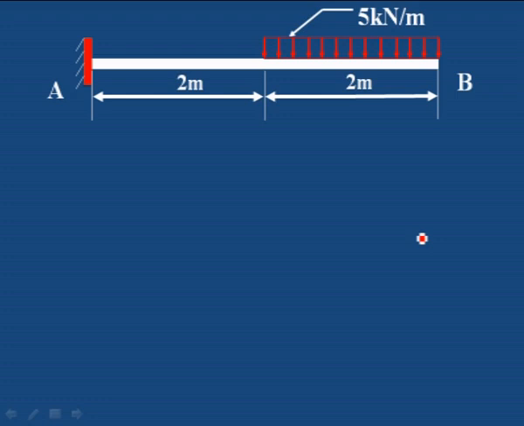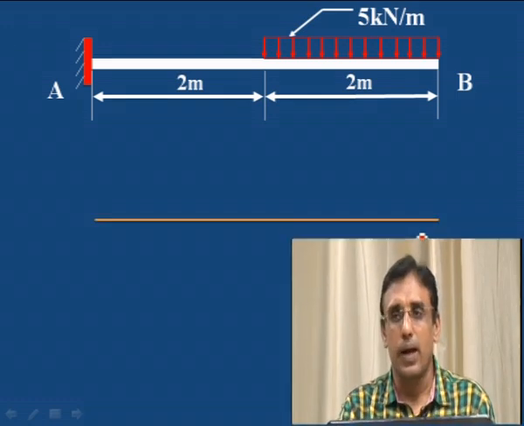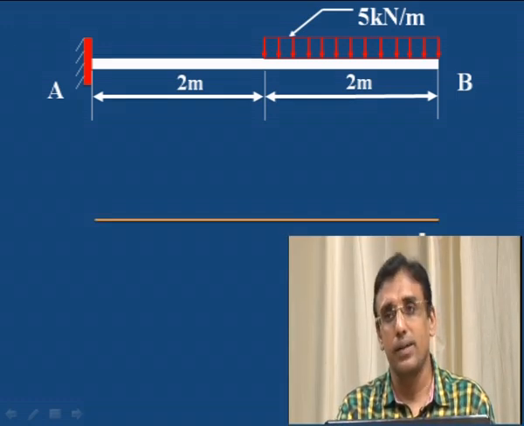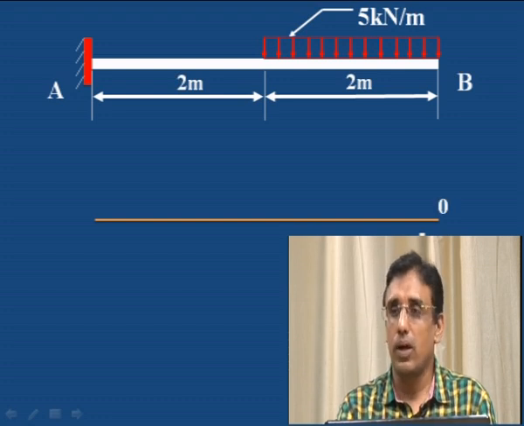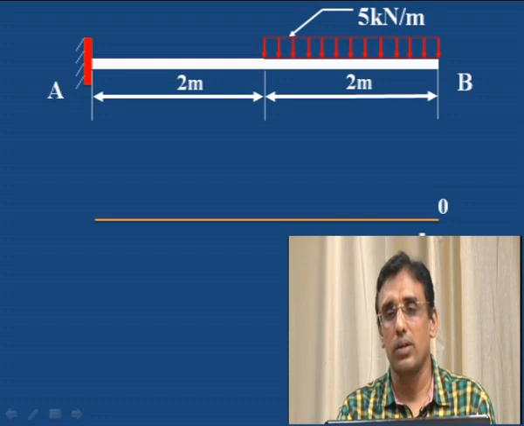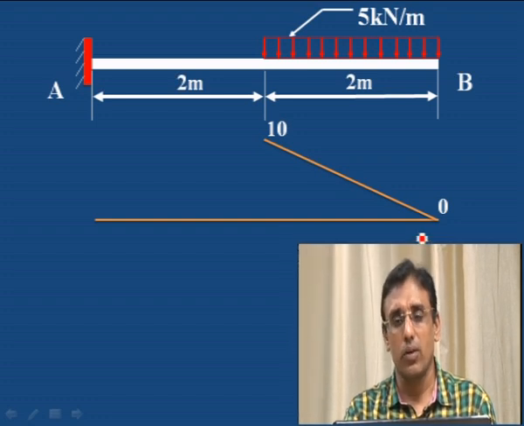Next, to draw the shear force and bending moment diagram, as usual, draw a horizontal line and mark the 0 point. At point B, shear force is 0. Then an inclined line. Why is it inclined? Because it is a uniformly distributed load. For a uniformly distributed load, we draw an inclined line up to the value of 10 kilonewton.